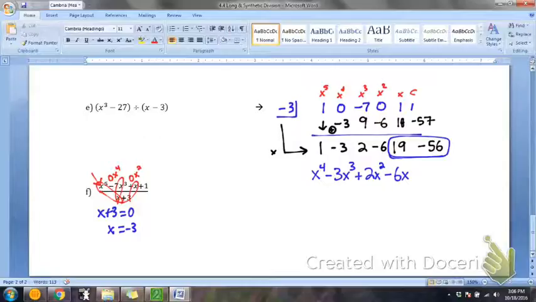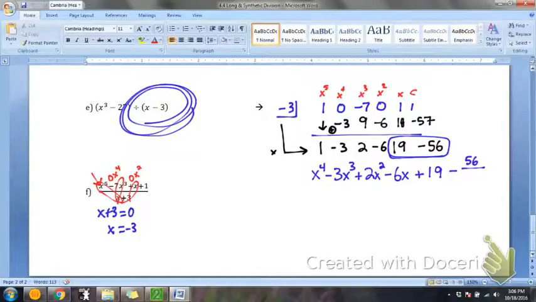There's gonna be a remainder. Negative 56 is a remainder, right? It's not a constant, it's a remainder. So we have plus 19. Are we doing 56 over x plus 3? Remember with a remainder, 56 over whatever we divided by, which was the x minus 3.